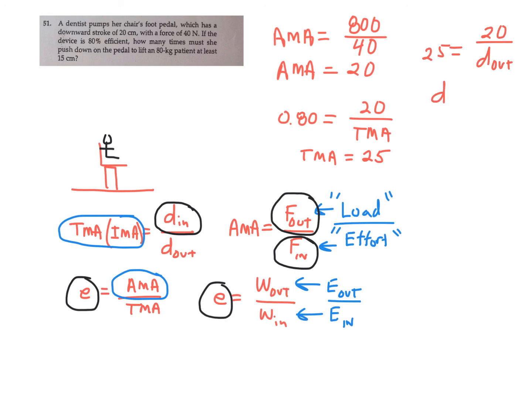So your output distance with each pump is 20 divided by 25, which is 0.80.